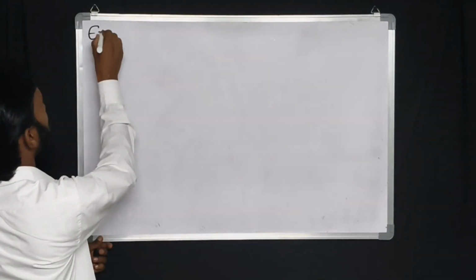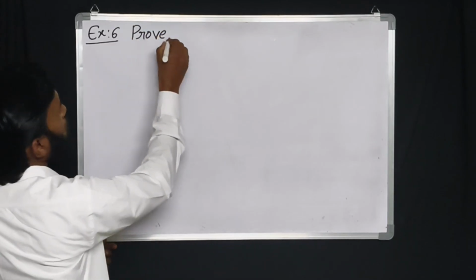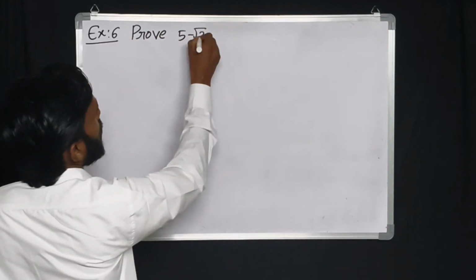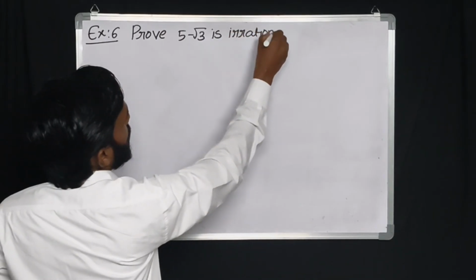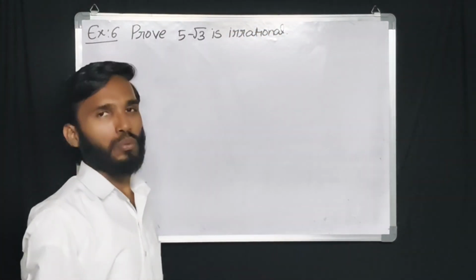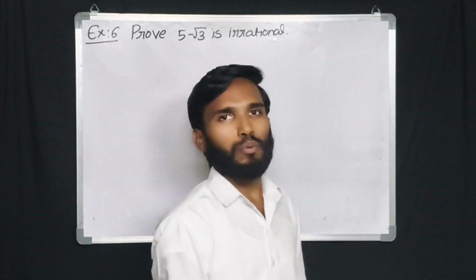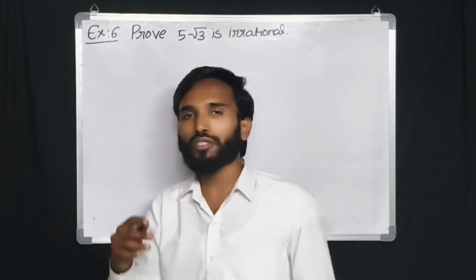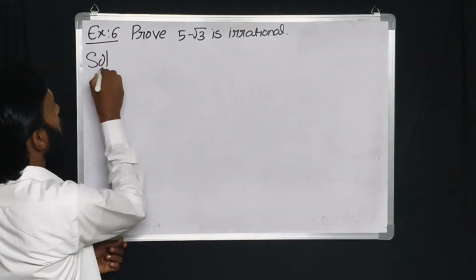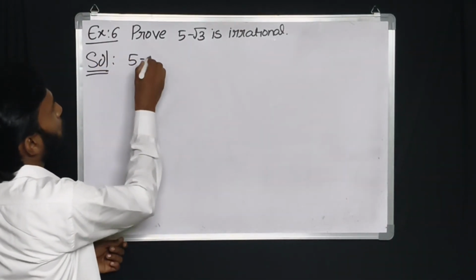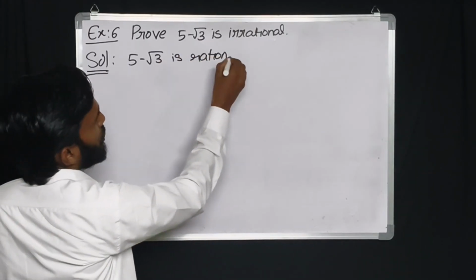Example 6. Prove 5 minus root 3 is irrational. It is easy to prove any number as irrational. As I said, to prove anything in mathematics, we should go against the given statement. So we can take 5 minus root 3 as rational.